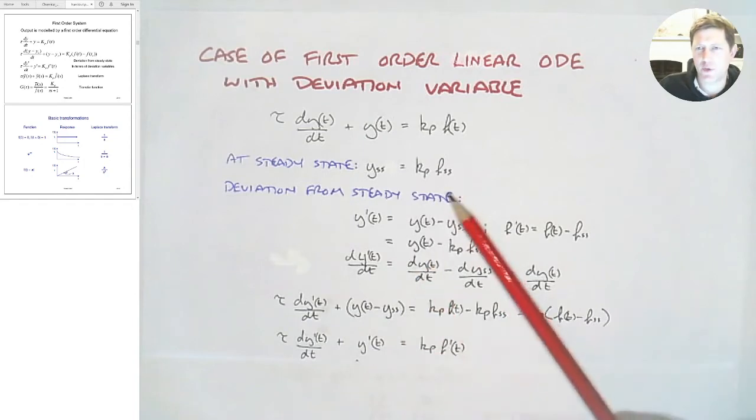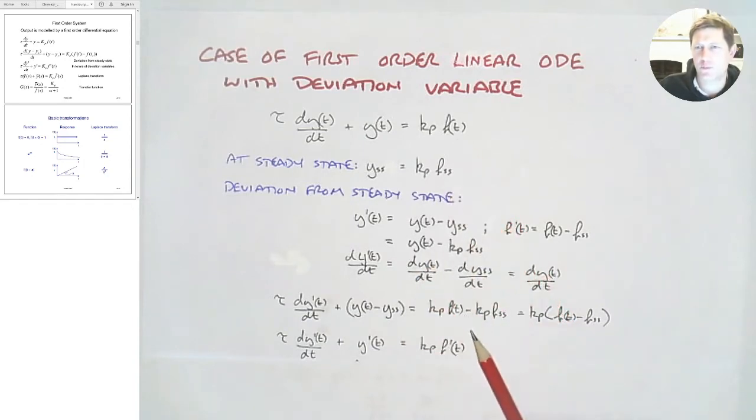So we've got the same equation as we had before, very nice, and this works only for linear equations, and so now we can solve it. And the nice thing is that now we know that the initial condition, if we're supposing that the system's at steady state to begin with, is that y'(0) is equal to 0.